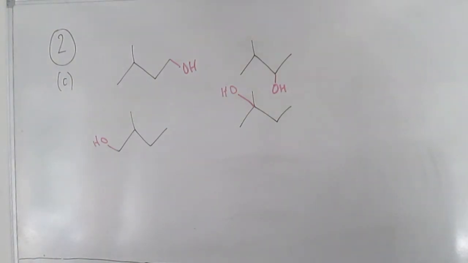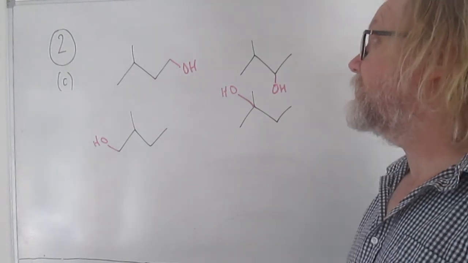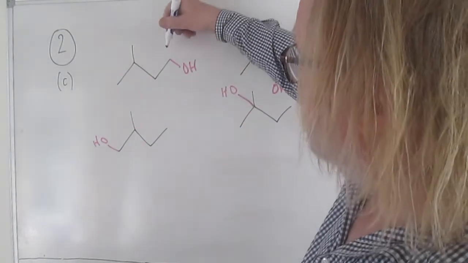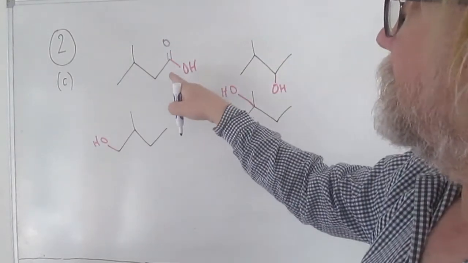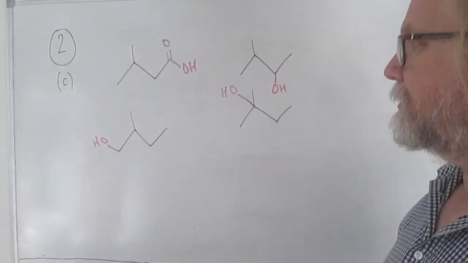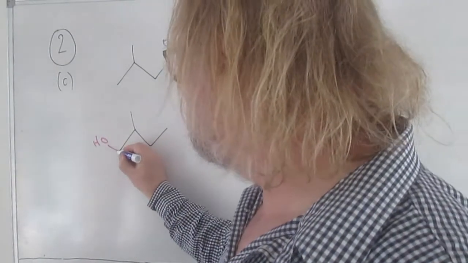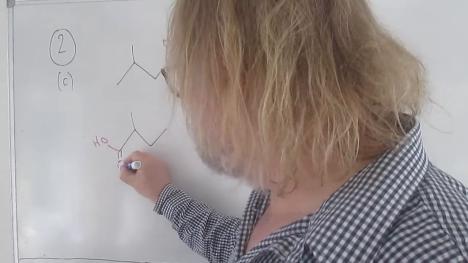If you reflux, which is what you're doing here, you'll oxidize primary alcohols all the way through to the carboxylic acid stage. And so that's what's going to happen with this one, because it's a primary alcohol. You're going to get that. Okay, so the alcohol becomes COOH, and this one is also a primary alcohol, so you're going to get that.